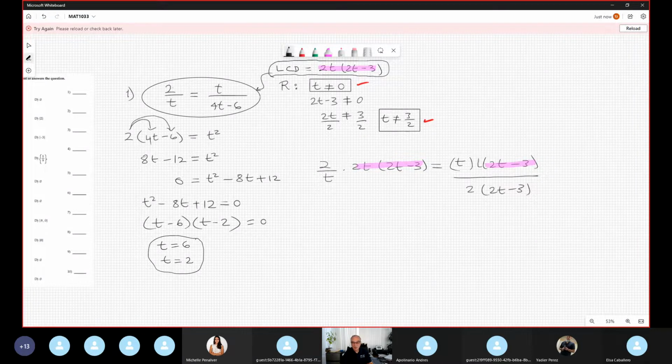I forgot 1t here. The LCD, what the hell? I forgot everything. Look, it's 2t minus 3. Again, repetition. This is my LCD.